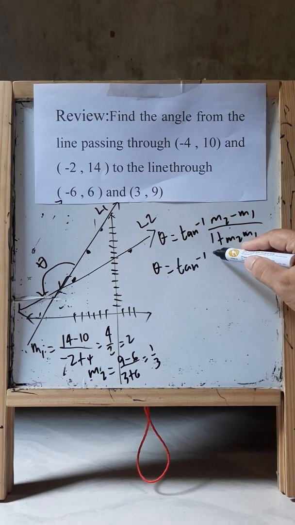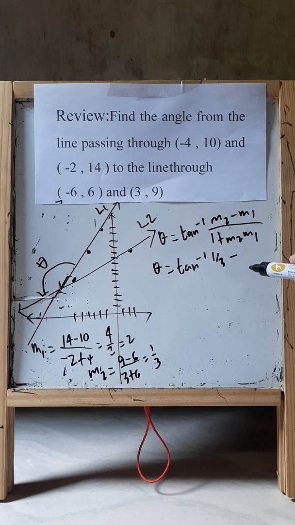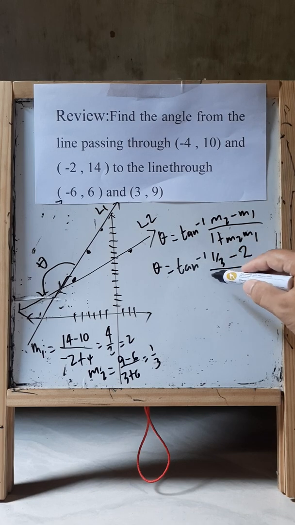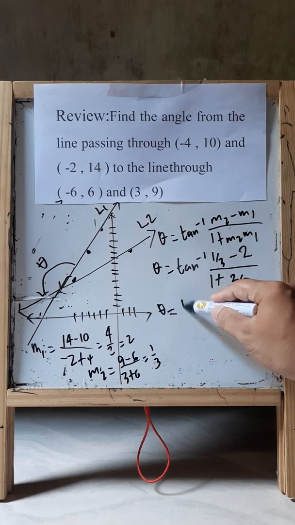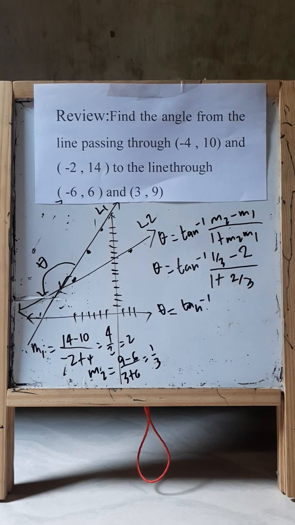M sub 2 is 1/3, minus 2, over 1 plus the product of 1/3 and 2, which is 2/3. 1/3 minus 2 is negative 5/3.